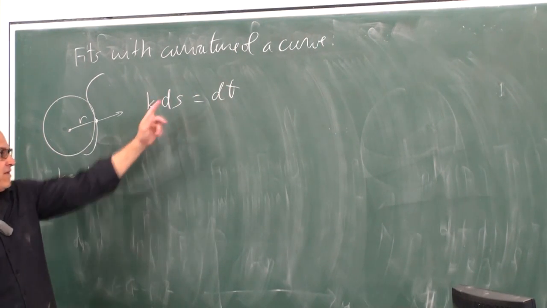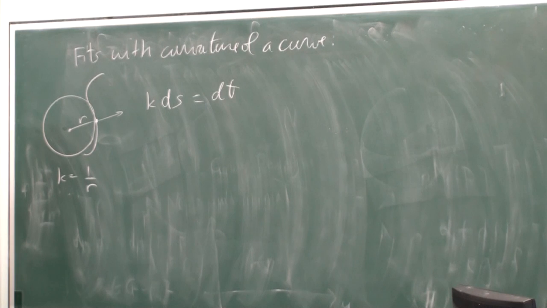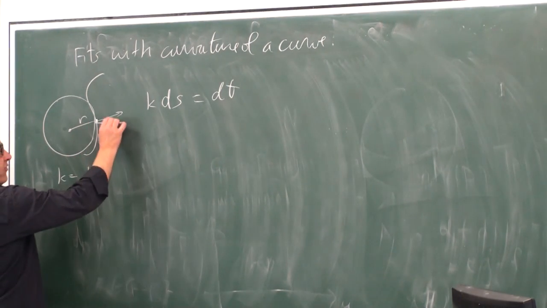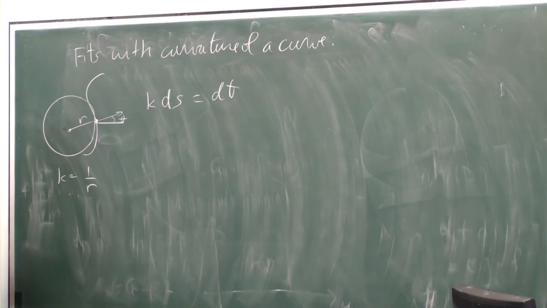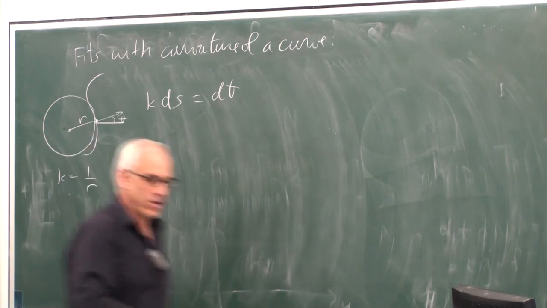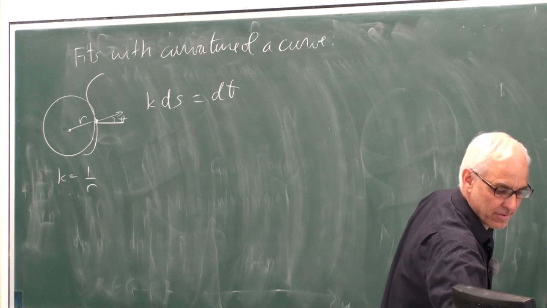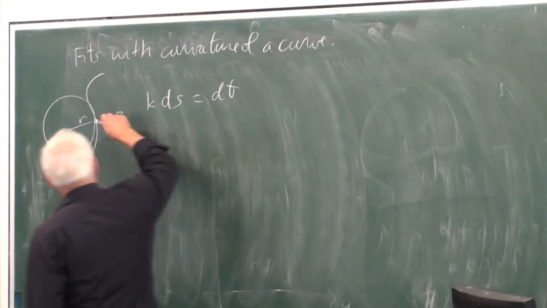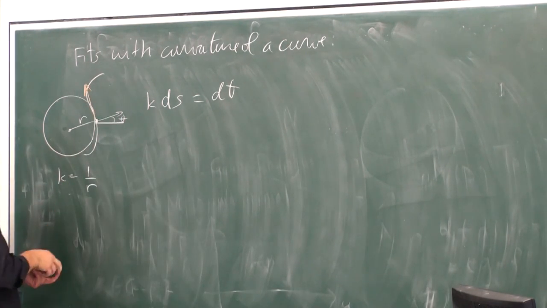Well, k equals d theta over ds, where theta is an angle formed by the normal vector or the tangent vector. Depends which one you're interested in, but it's equivalent because they're 90 degrees to each other.